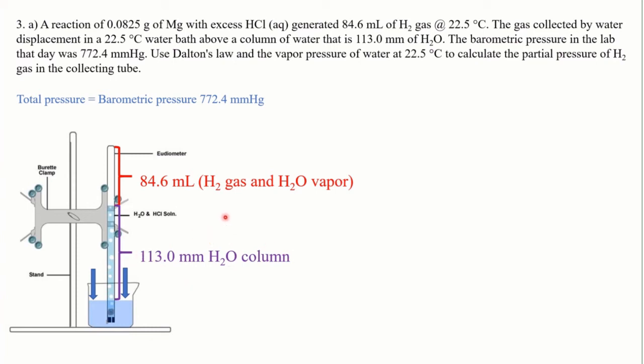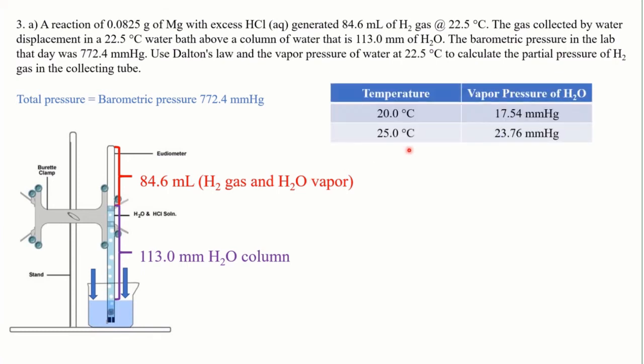So to find out the vapor pressure of water, we need to look on page 2 of the handout, or you could look at an appendix in the back of the book. We have a table in our handout for the vapor pressure of water. Here we are interested in the vapor pressure at 20 degrees and at 25 degrees, because our water bath temperature is 22.5 degrees, and 22.5 is between 20 and 25.